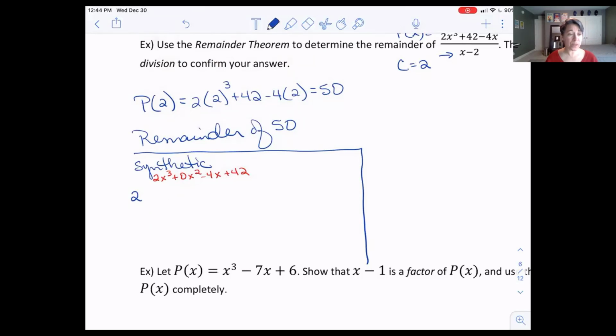This is important because in synthetic, we only use the coefficients, but all of them in descending powers. So it's almost like a backwards division symbol here. And I'm going to write all of those coefficients here on the top, 2, 0, negative 4, and a positive 42. So here's what we do with synthetic. We bring down this first number, whatever it is, it's 2, and then we multiply by that outside number and bring it back up.